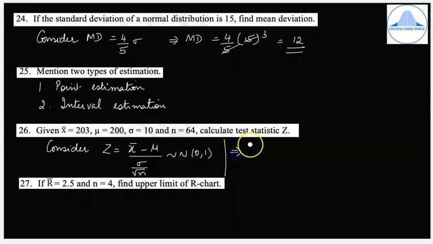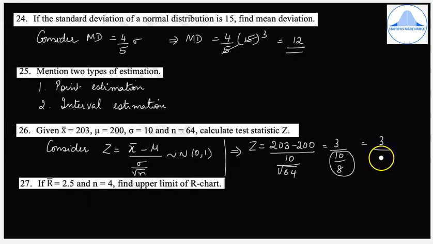So this implies z is equal to 203 minus 200 divided by 10 by root 64. So this is 3 divided by 10, and root of 64 we know that it is 8. So first simplify this part. So 3 divided by 10 by 8 is 1.25, and the final answer for z is 2.4.